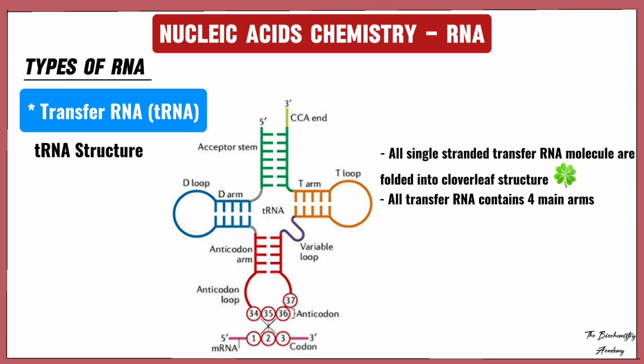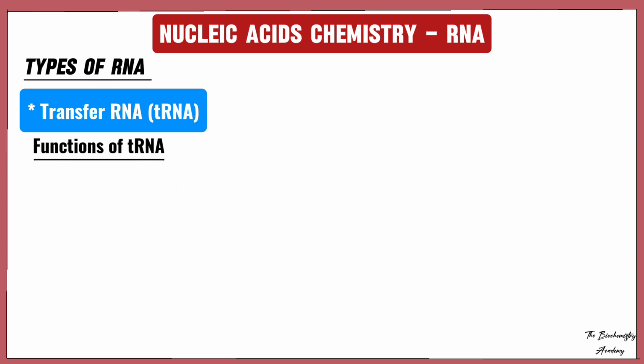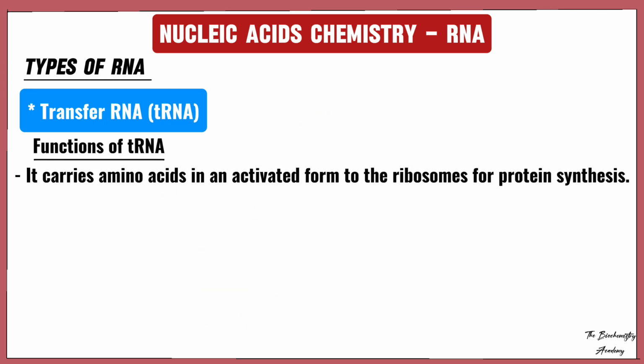Now, all transfer RNA contains four main arms, which are the acceptor arm, the D arm, the anticodon arm, and the pseudouridine arm, which is also known as the T arm. Now let us talk about the function of tRNA. Now, tRNA carries amino acids in an activated form to the ribosome for protein synthesis.